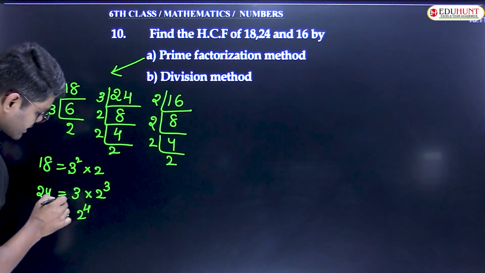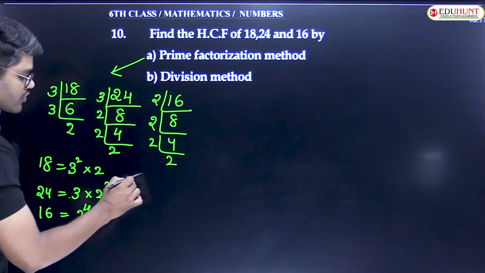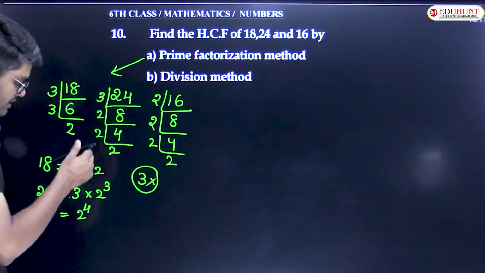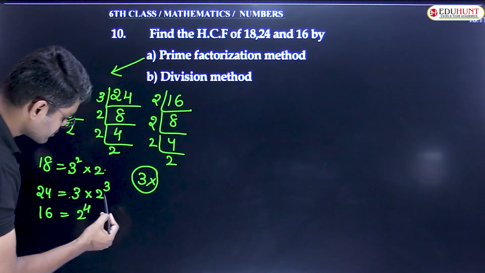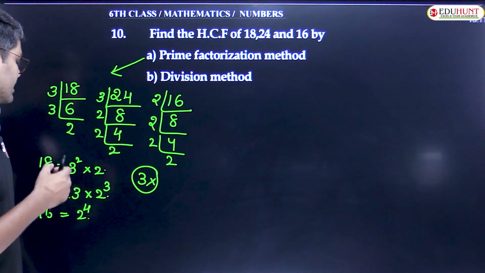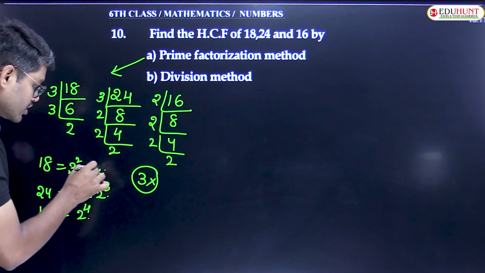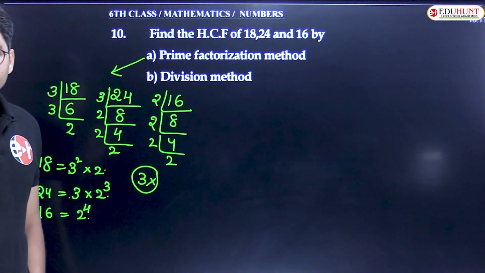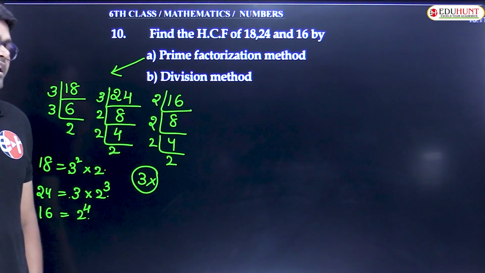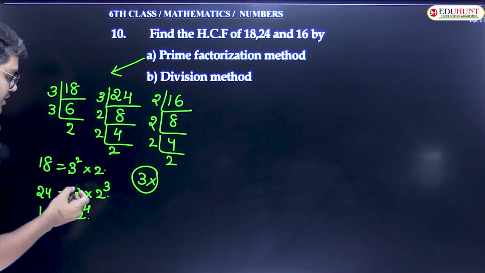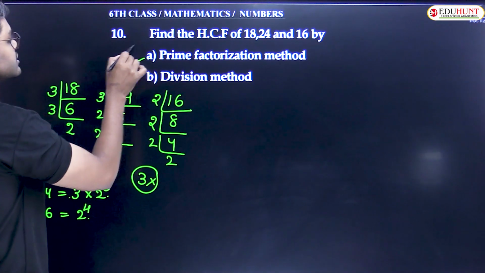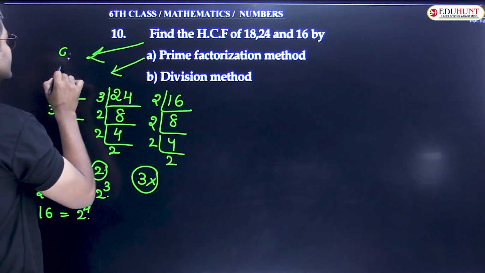Here 3 is not there in 16, so we should not take 3 as a common factor. Let's take 2: 2, 2 cube, 2 power 4. 2 is the common factor. But in the HCF, we should take the least power of the common factor. What is the least power? Here 2. Therefore, the HCF of these three numbers is 2.